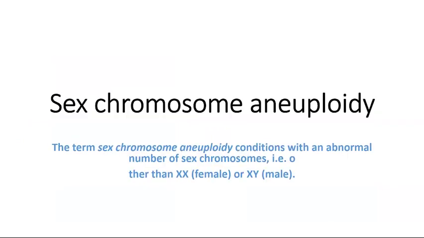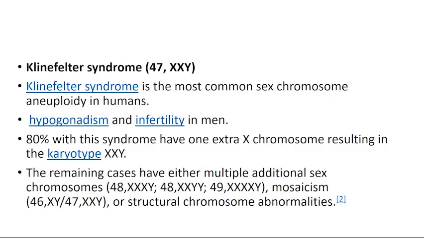Sex chromosome aneuploidy is the term for conditions with an abnormal number of sex chromosomes, other than the normal XX or XY. Klinefelter's is more than 1 X, so 47 instead of 46.